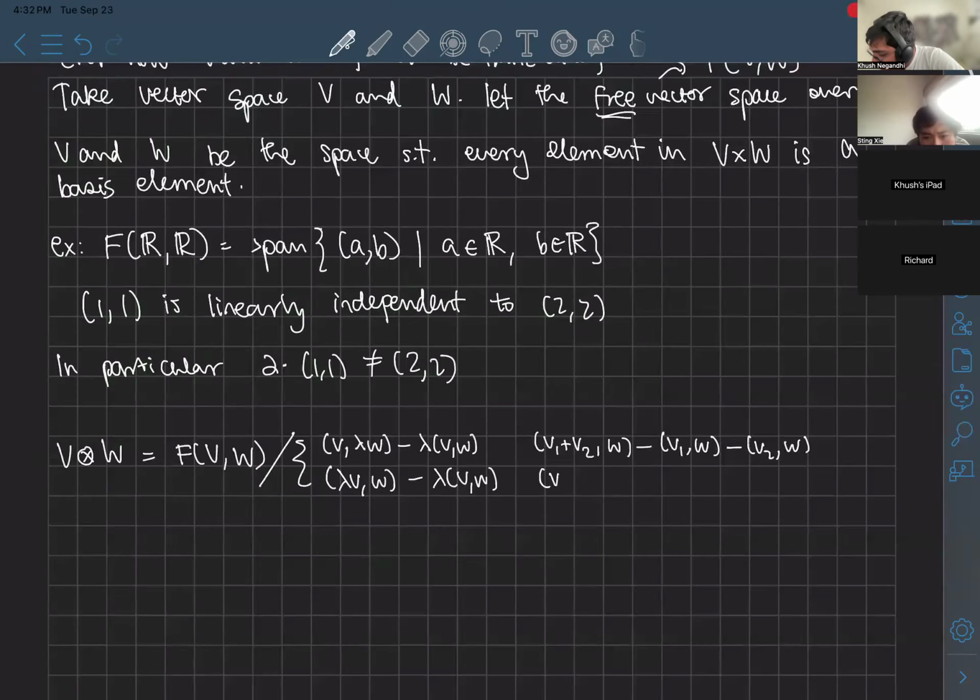And then we want that if it happens in the second entry, then it's also okay: (V, W1 plus W2) minus (V, W1) minus (V, W2). We want these relations on our free space, and now this gives us the tensor product between V and W.